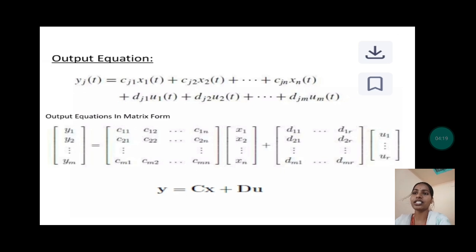And output equations written in the matrix form, y1, y2 and so on ym, and c11, c12 and so on cmn. And finally the output equation is y is equals to Cx plus Du in matrix form.